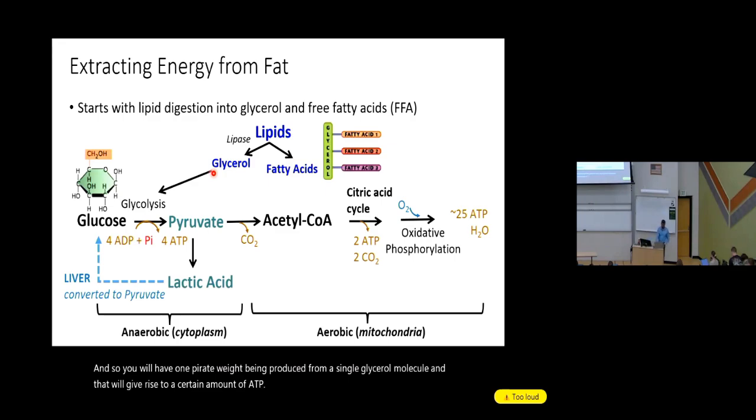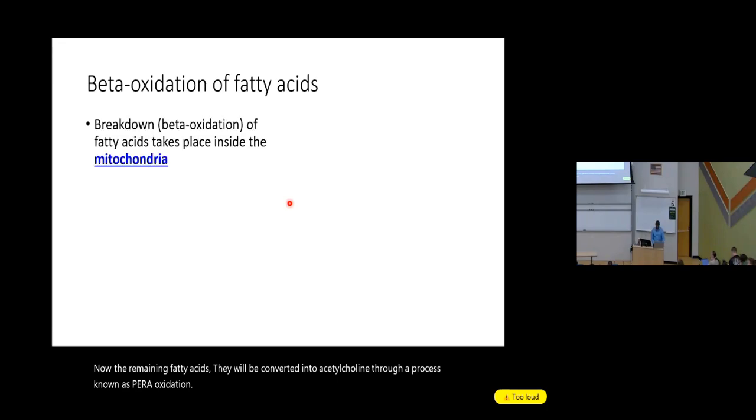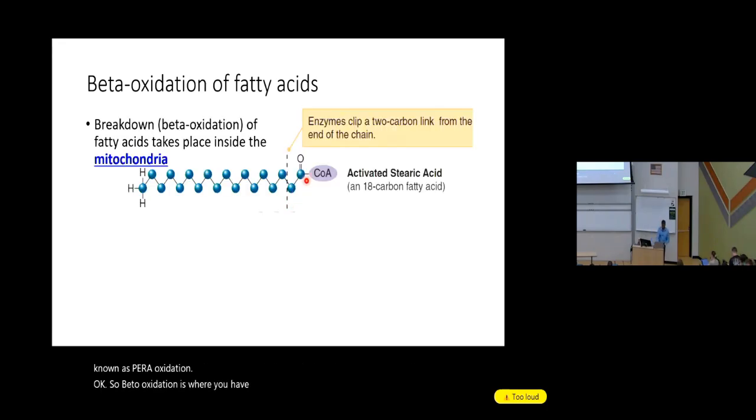Now the remaining fatty acids will be converted into acetyl-CoA through a process known as beta oxidation. Beta oxidation is where you have the carbon number 2 from the carboxylic end. That's where there will be a break made.